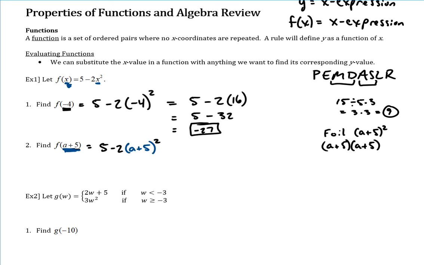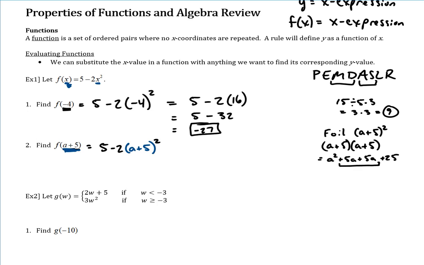And FOIL tells you to multiply the first terms. So a and a are first in this, so a squared. Then multiply the outer term, so a times 5 would be 5a. Then multiply the inside term, so 5 times a would be 5a. And then multiply the last term, so 5 times 5 is 25.